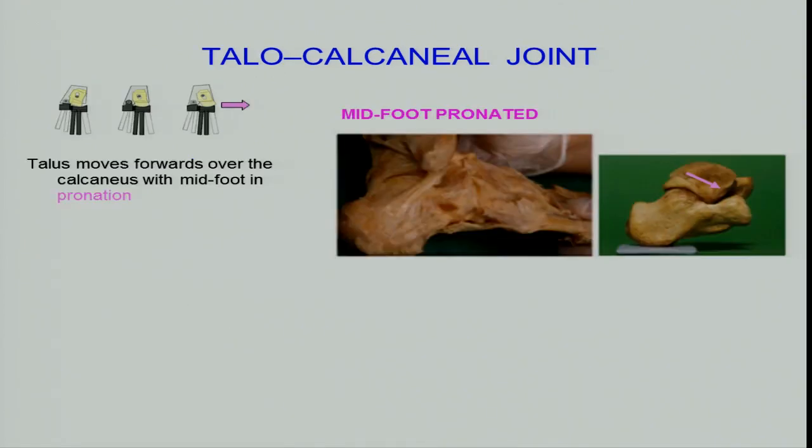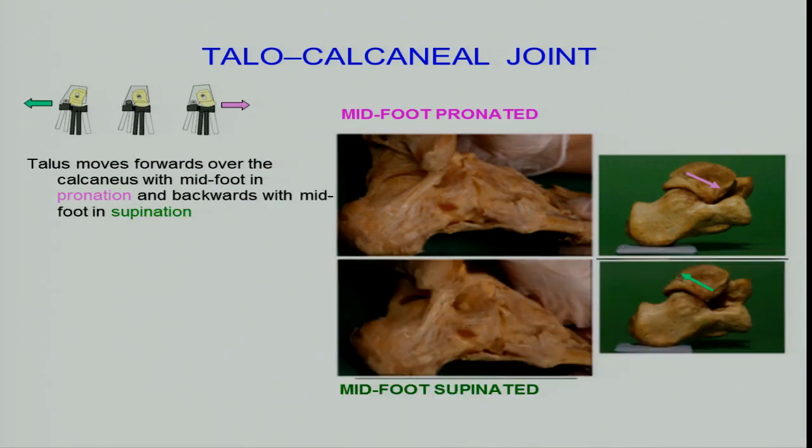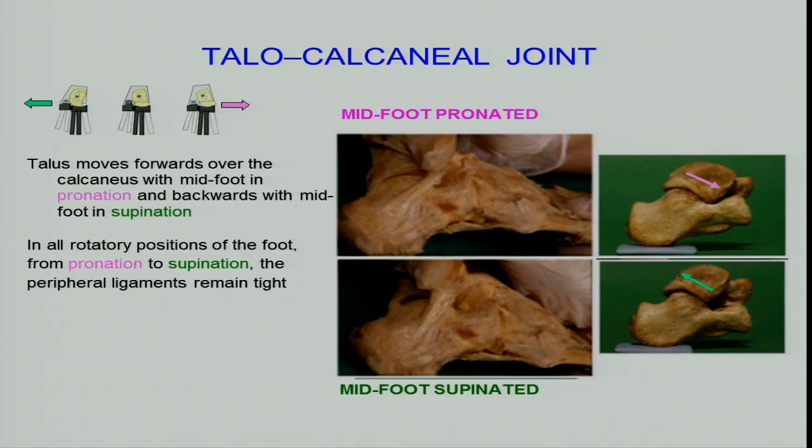So there's the talus moving forwards over the calcaneus with the midfoot in pronation. That is our dissected specimen with the midfoot supinated, and a representation of the talus on the calcaneus with the bones. In all rotatory positions of the foot in the dissected specimen, we found that the peripheral ligaments of the talo-calcaneal joint remained tight.